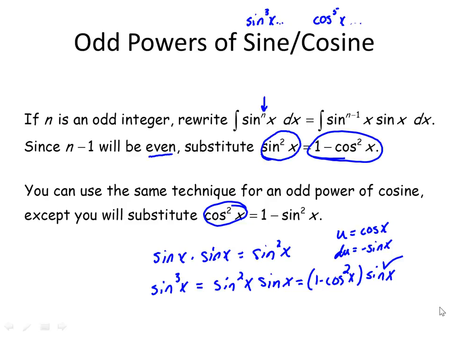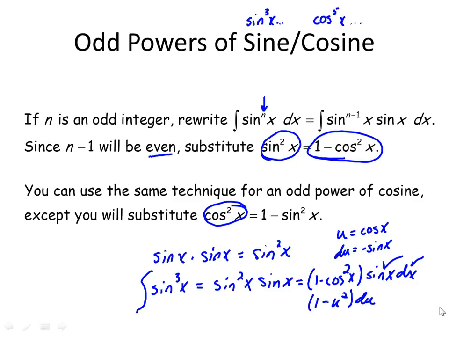Check. Because we're going to integrate. Do you see what I'm doing? So now what I have is 1 minus u squared du, because we checked off the sine x dx. And you know where to go from here. Okay?